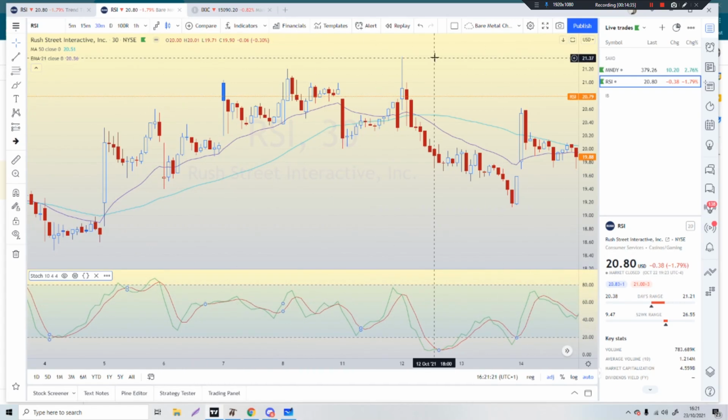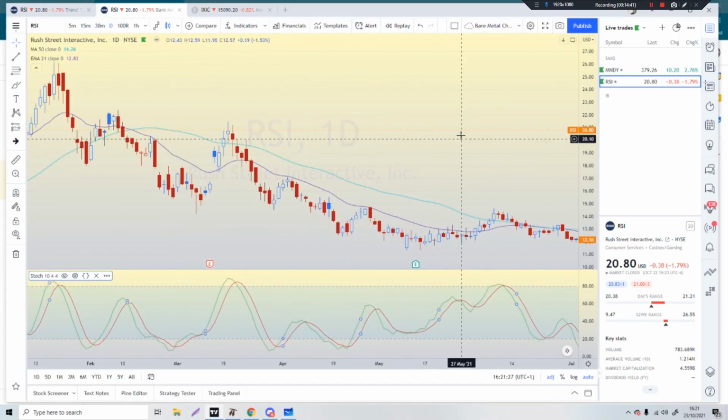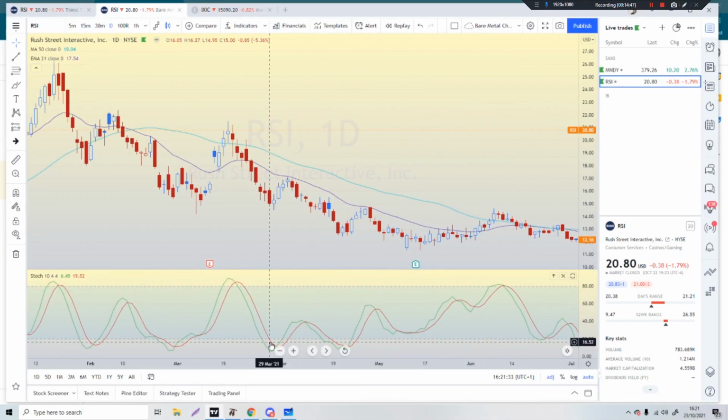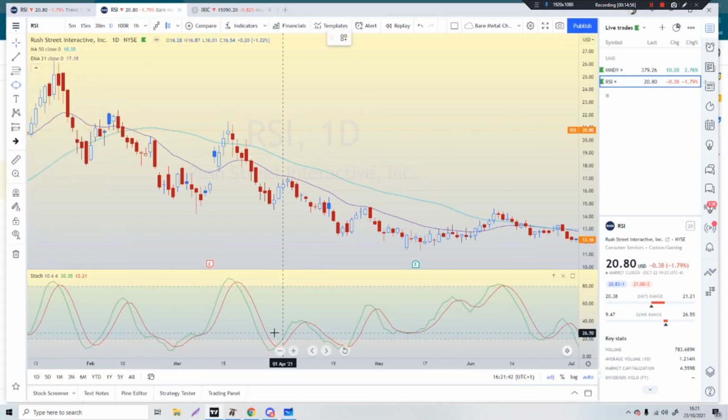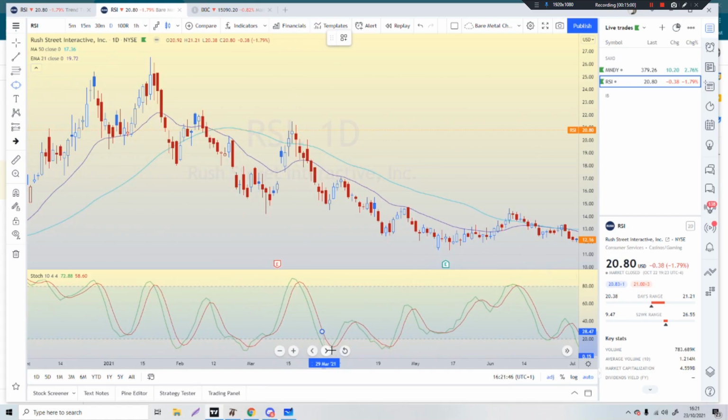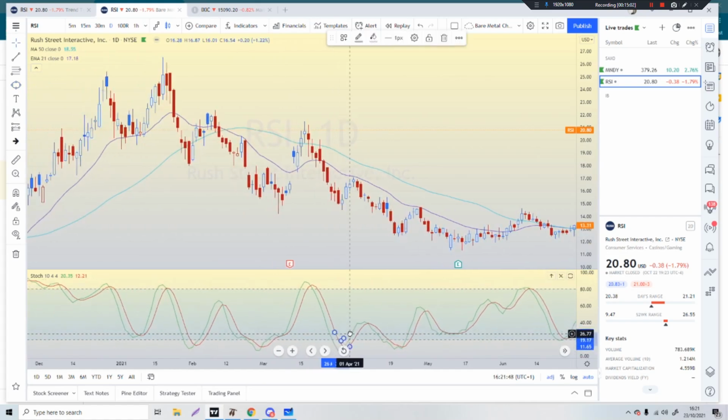Now, what are the traditional signals that people use within this? If I flip back to daily, what people tend to look for is these crossovers. I will come back to the drawbacks of this, but if I look at here, we've got a crossover point down here.